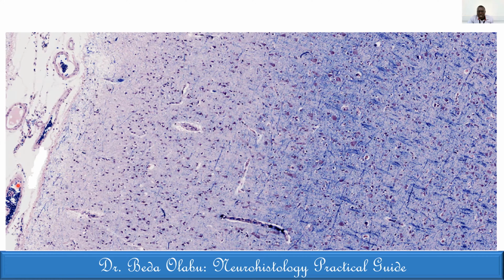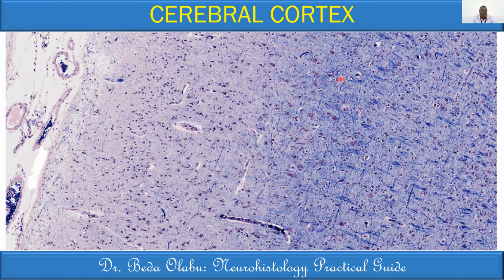The other thing you can mention, look at around this region, you can see some characteristic prominent cells with triangular shape, confirming that you're looking at the giant pyramidal cells of Betz within that zone. So this is the slide of the cerebral cortex, and those features I've given you are the ones that we use largely to identify the cerebral cortex.